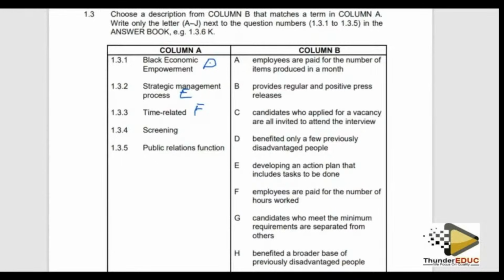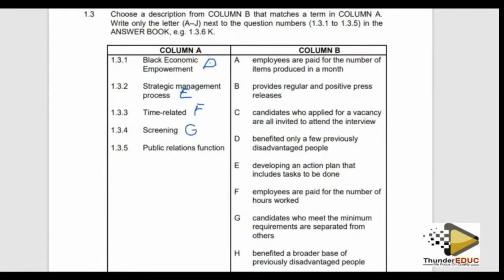The screening helps to separate the candidates who don't meet the requirements from those who do meet the requirements. So if we check the options given, we have G, candidates who meet the minimum requirements are separated from others. So in this regard, our appropriate answer is going to be G.